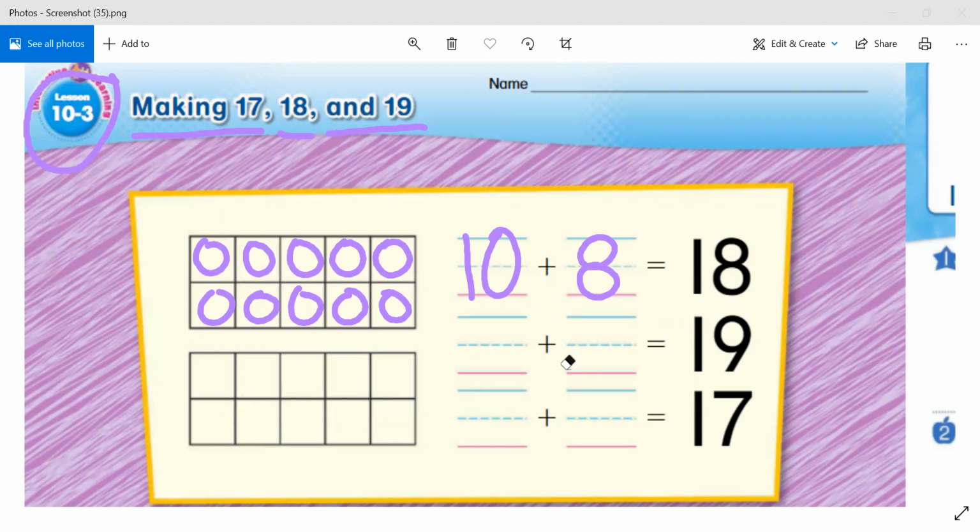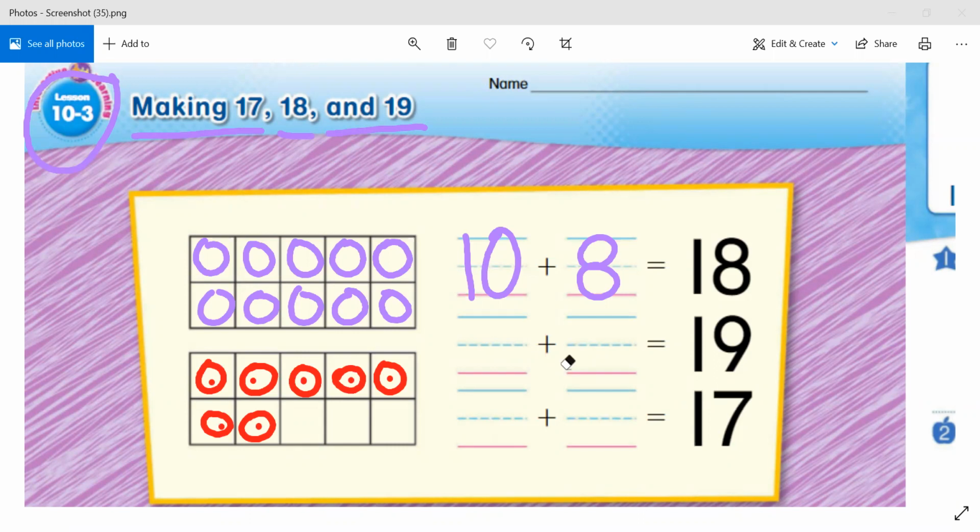How many more counters? Let's fill in the second 10 frame. We're going to count them. 1, 2, 3, 4, 5, 6, 7. So I have to add 7 more counters.